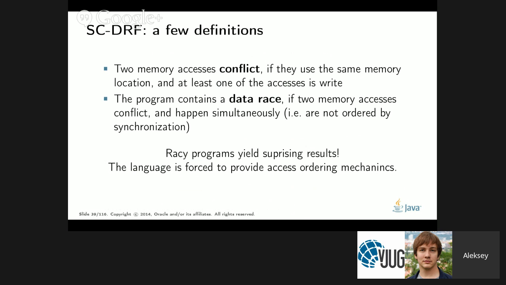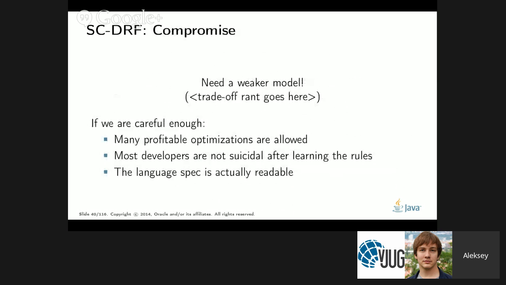Right? So we need a weaker model. If we are careful enough in this model, then many profitable optimizations would be allowed, and most developers would still be able to figure out whether their programs are correct or not by learning these rules. And maybe the language spec would still actually be readable.